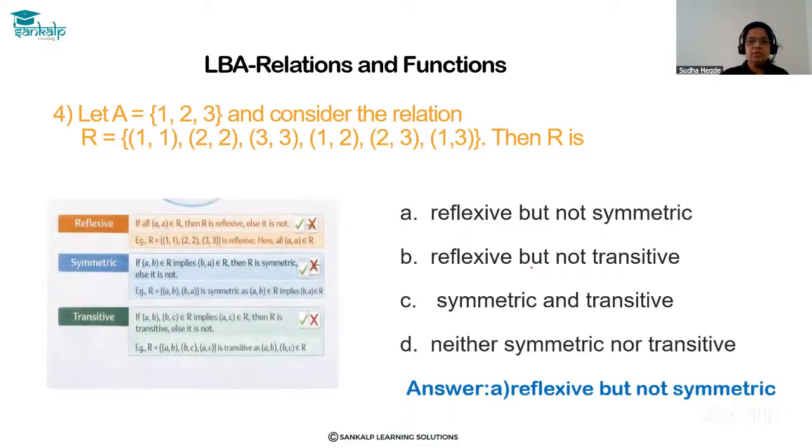Okay. Now, check (1, 1), (2, 2), (3, 3).